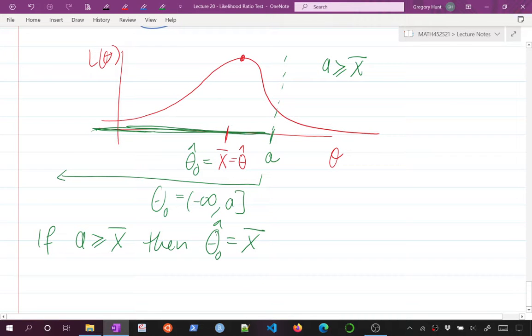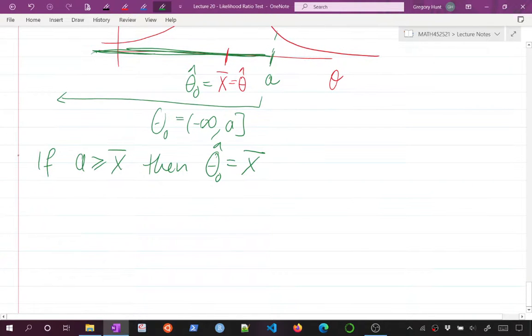So that's a simple case, right? If the overall MLE happens to land in my null hypothesis, then the restricted MLE is just that MLE. So let's put a box around this.